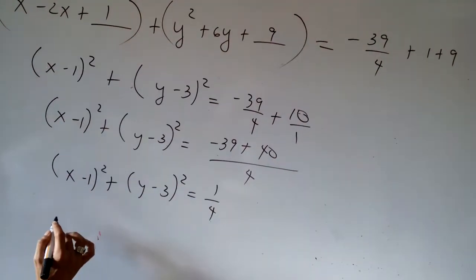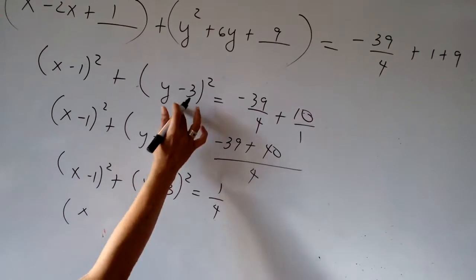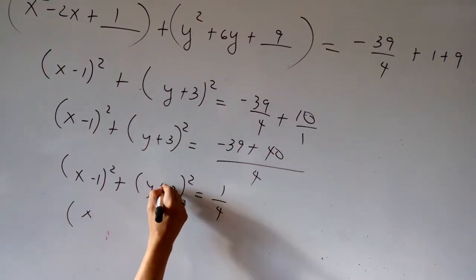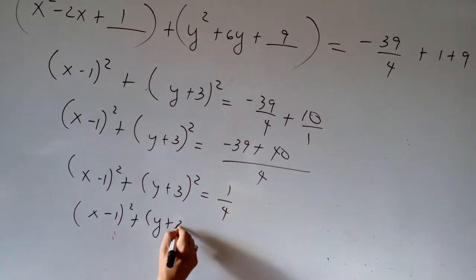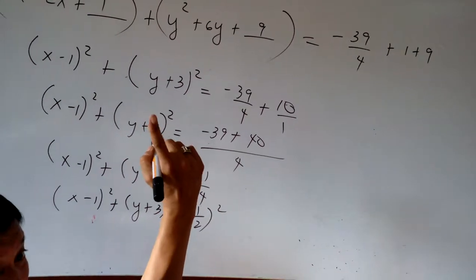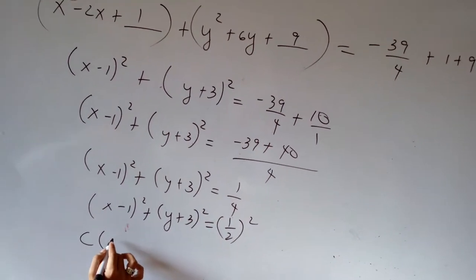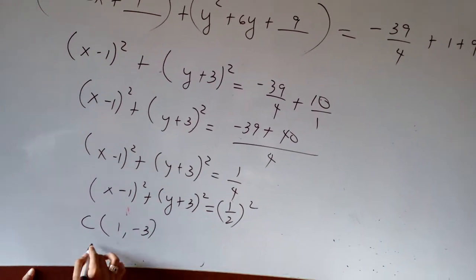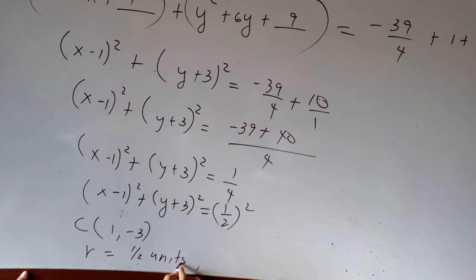So, you may have the quantity of x minus 1 squared plus the quantity of y plus 3 squared is equal to 1/2 squared. So, center is at (1, -3), and the radius is equal to 1/2 unit.